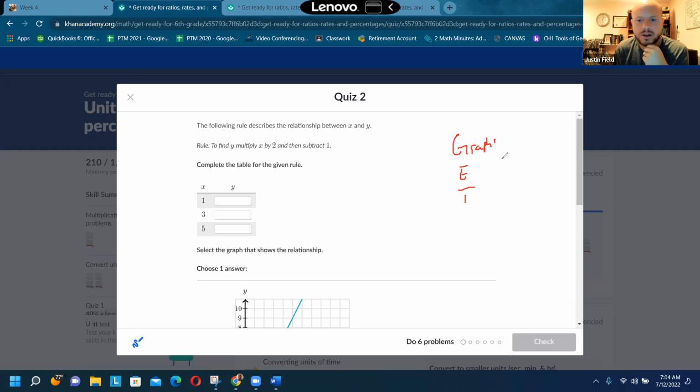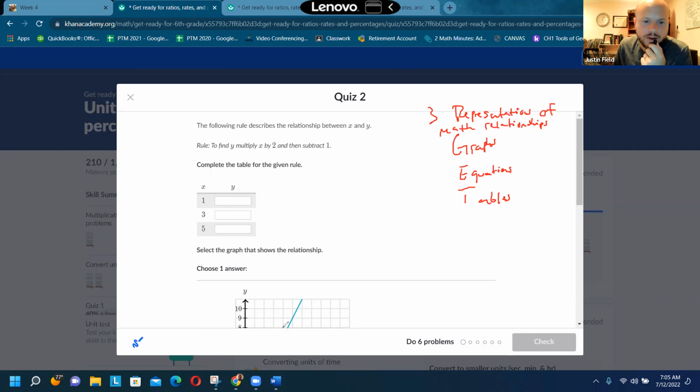Graphs, equations, and tables. These are the 3 representations of math relationships between 2 variables. We can graph it, we can make a table, we can write an equation.